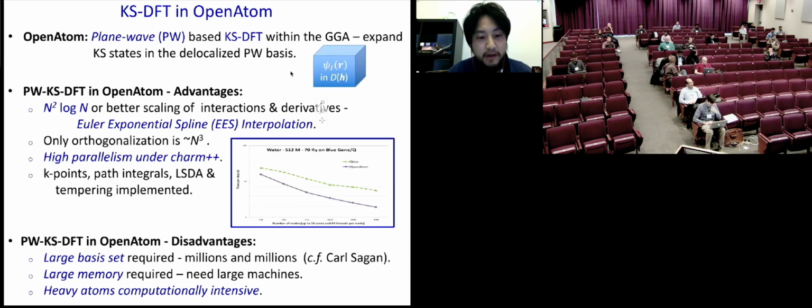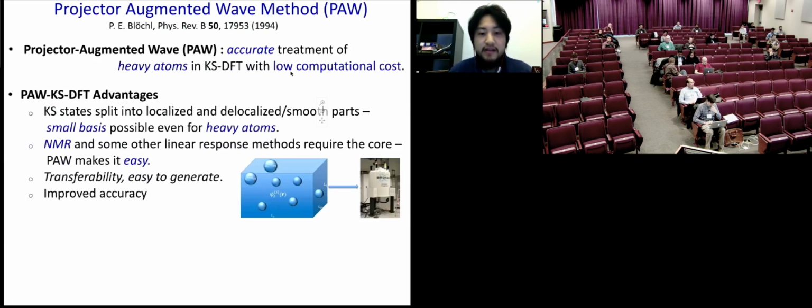There's one problem though. Currently we're using the so-called norm-conserving pseudo-potential, which requires a large basis set, so it's memory demanding and it makes your calculation slower. To solve that problem, we introduced the so-called PAW method, Projector Augmented Wave.